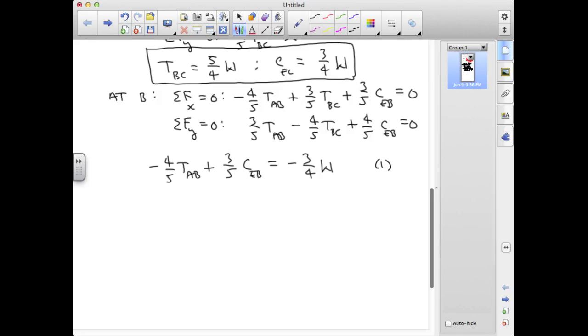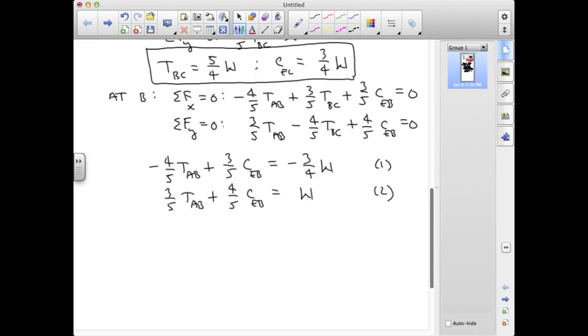The second equation becomes 3/5 TAB plus 4/5 CEB equals 4/5 TBC, which is just W. We'll call that equation 2.